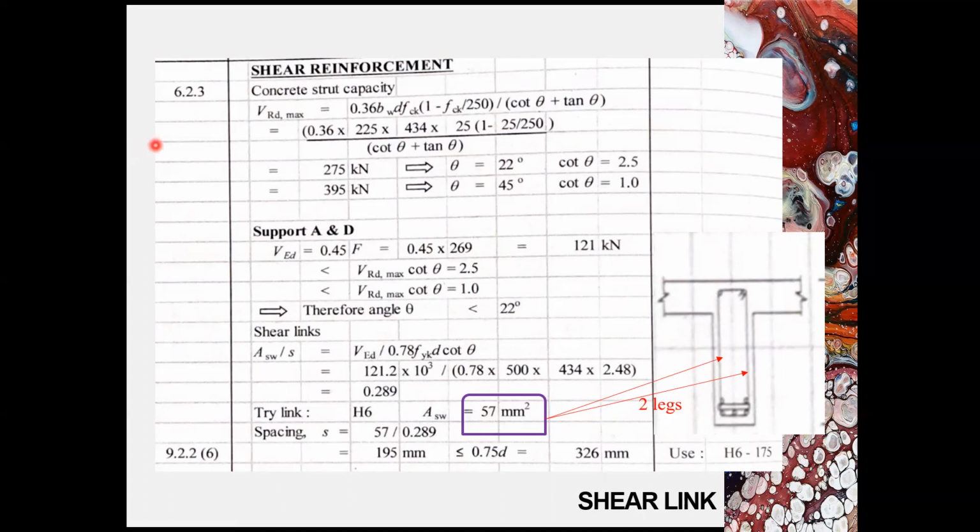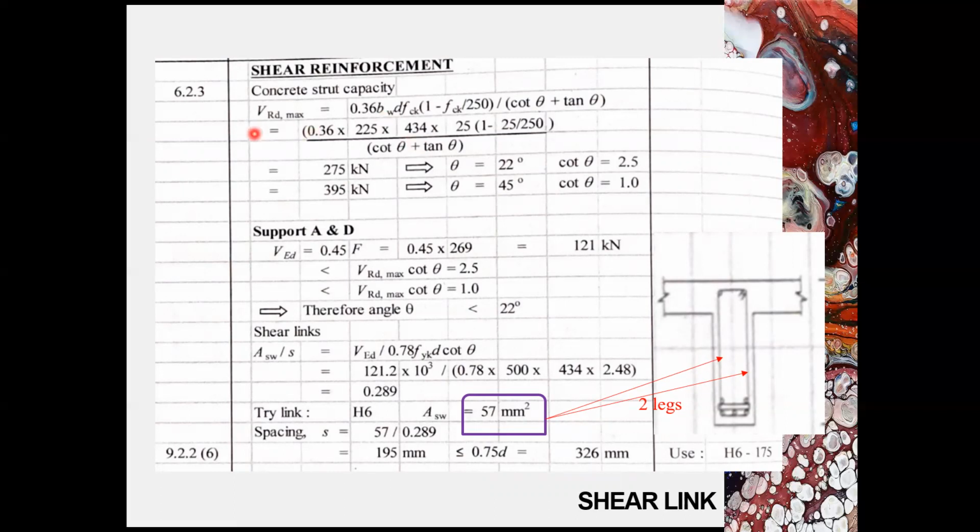We will start with determining the concrete strut capacity, VRD max, at theta equal to 22 degrees and theta equal to 45 degrees. The VRD max can be obtained from these equations.